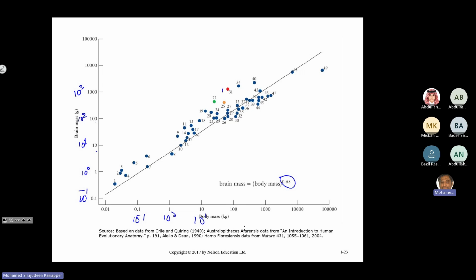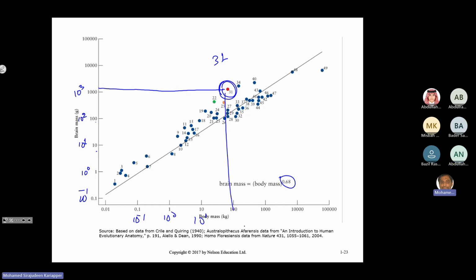You must be able to guess this 31. Somebody can guess who that is? Which species is that? Hello? Which one, Doctor? This number 31. See, he's an outlier, right?